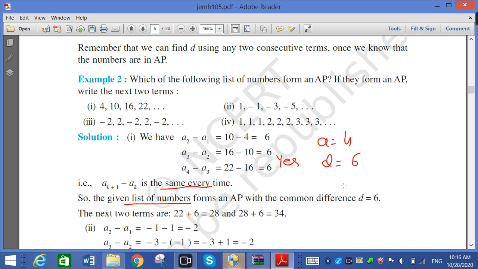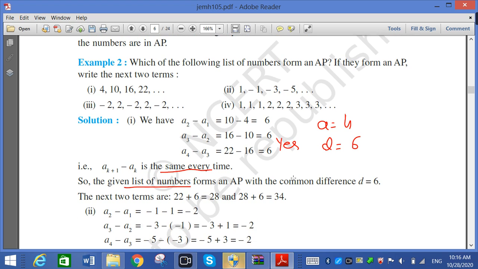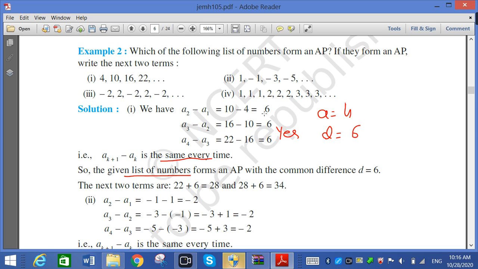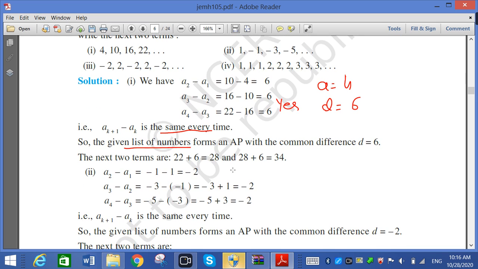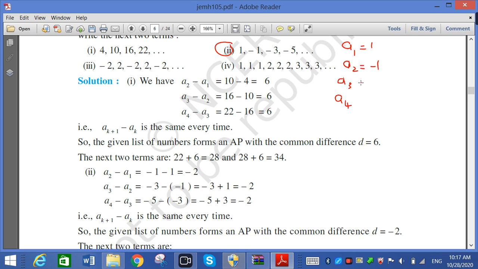Always remember. Now in the second, here A1 is 1, A2 is minus 1, A3 is minus 3 and A4 is minus 5.